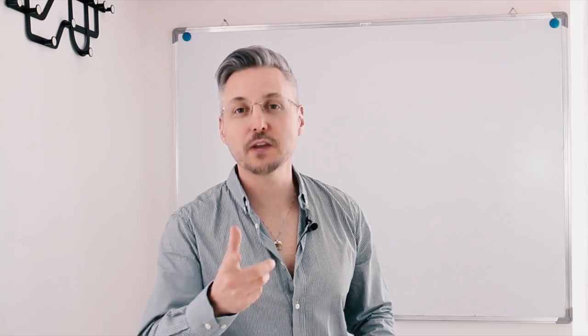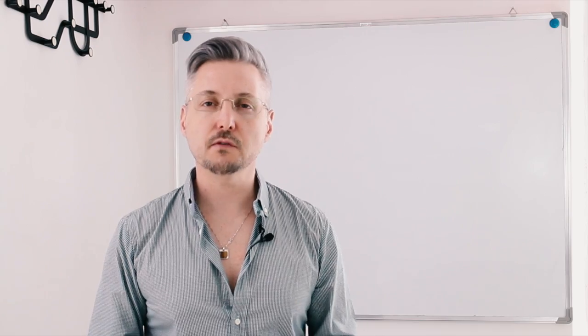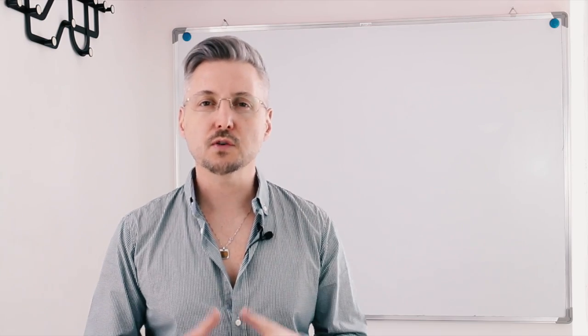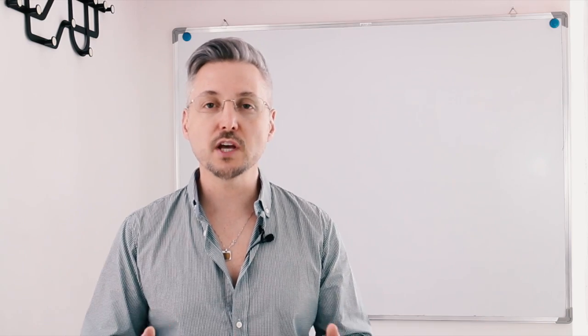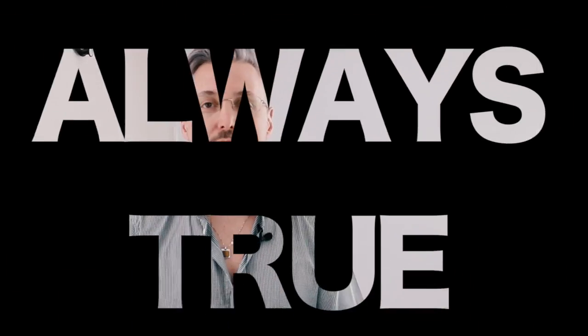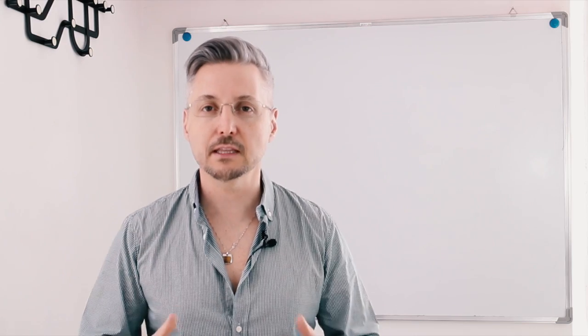And now let's recap. In English we have 5 types of conditionals. In this video I talked about 4 types of conditionals. So the zero conditional is when there is no condition, it's real always. It's always true. The first conditional is for real situations that can happen in the future.